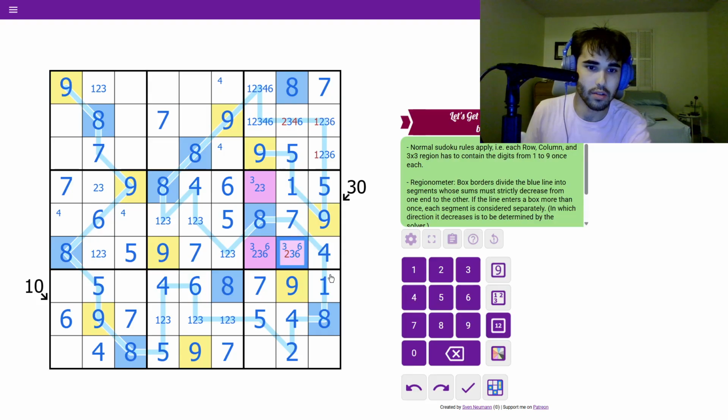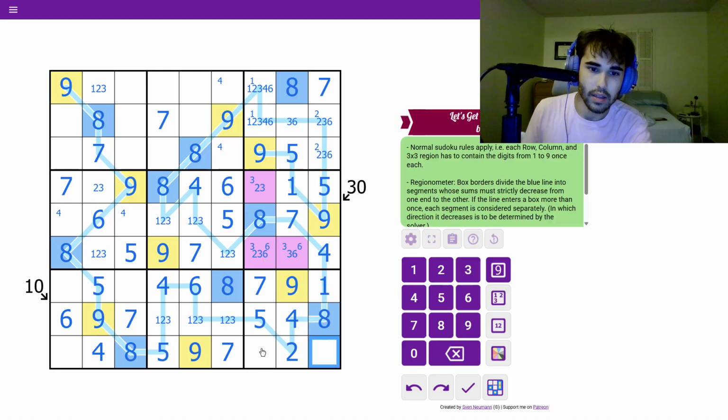That can't be 2. That can't be 2 or 4. Those can't be 1s. So 1s are in one of these. Twos are in one of these. This is a pair. This looks like a 3-6 pair.